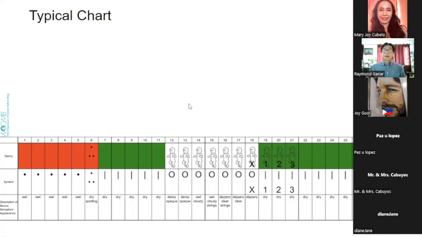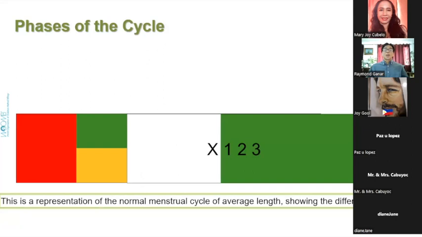So this is the complete cycle: menstruation, the BIP, the changing pattern of fertility, and the last one is the luteal phase. How long should the luteal phase be to be a normal pattern? It should be within the range of 11 to 16 days.